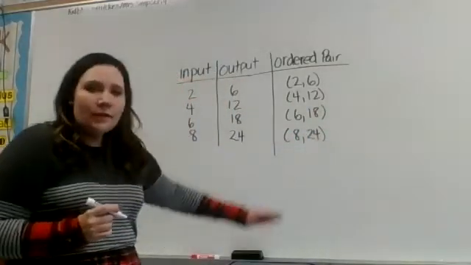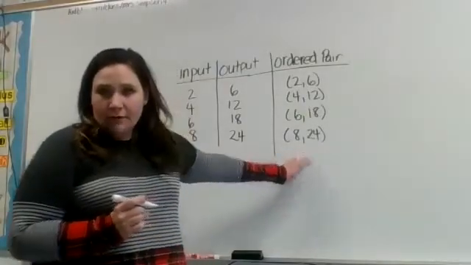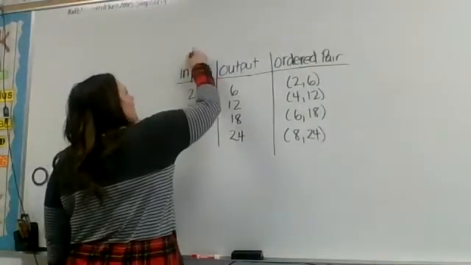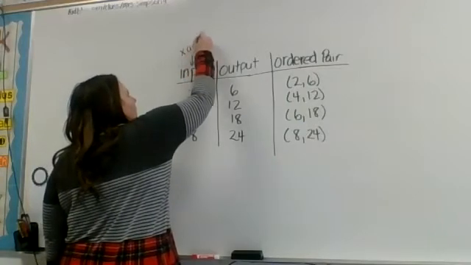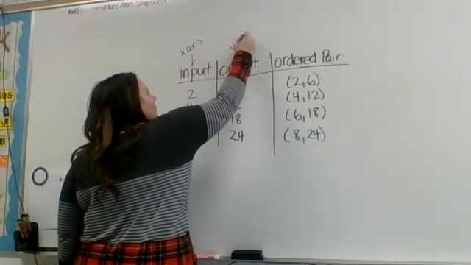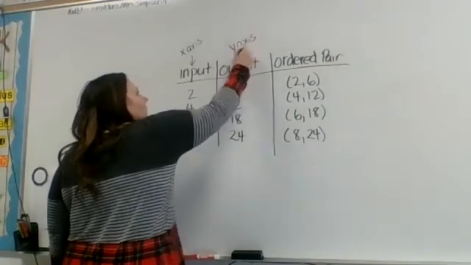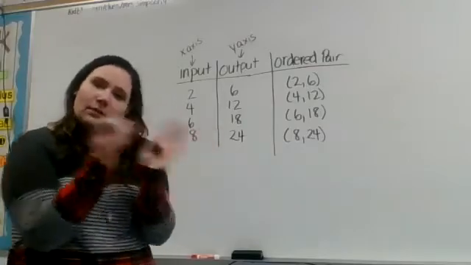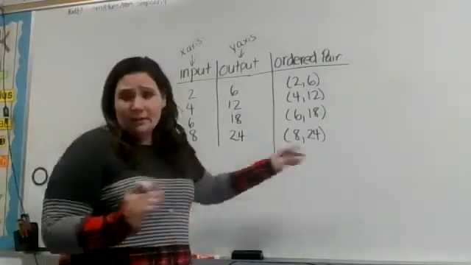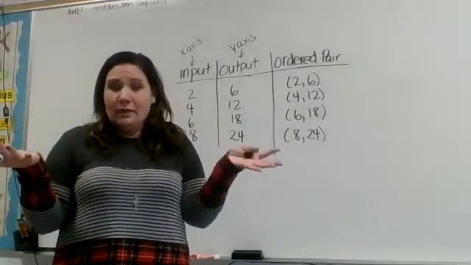And then this is what we would graph. So it's important to think of this as the X, this is the Y, okay, and that's how they go together. And because we've always put input first and then output, it makes it very easy. We just put them together with a comma in between, and now we have an ordered pair.